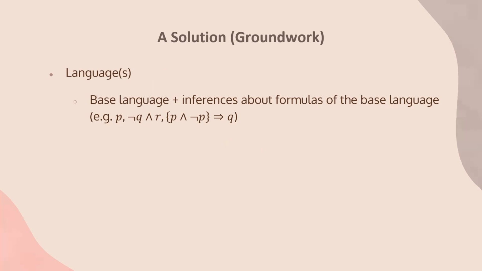So next, we need to consider what formal languages we're using. We want to talk about different logics, and in order to do that, we need some sort of fixed language in which formulas of these logics can be expressed. I call this the base language. We also need to talk about inferences of formulas of that base language.